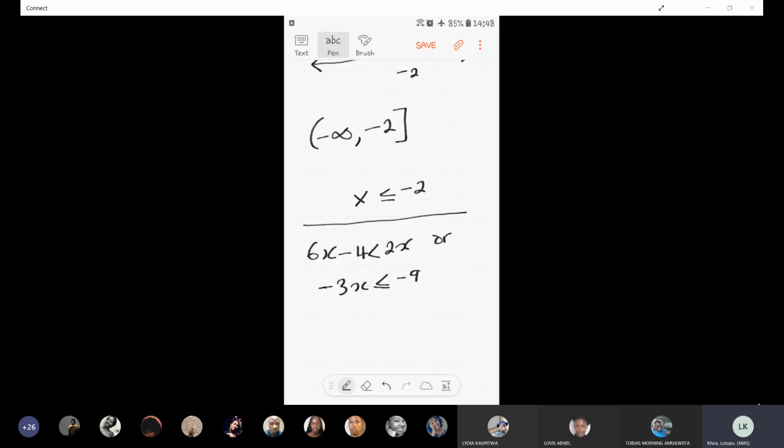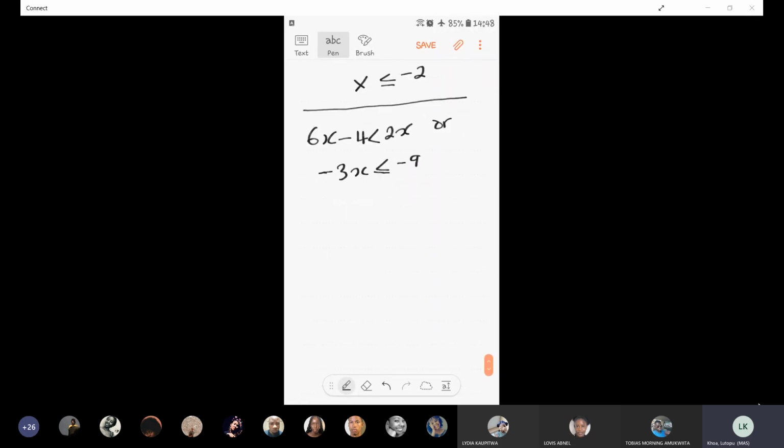So that is what we have. And it says we must graph the solution set. So when it says graph the solution set, that means you represent it on the number line. So we start with the first one. We have 6x minus 4 is less than 2x.